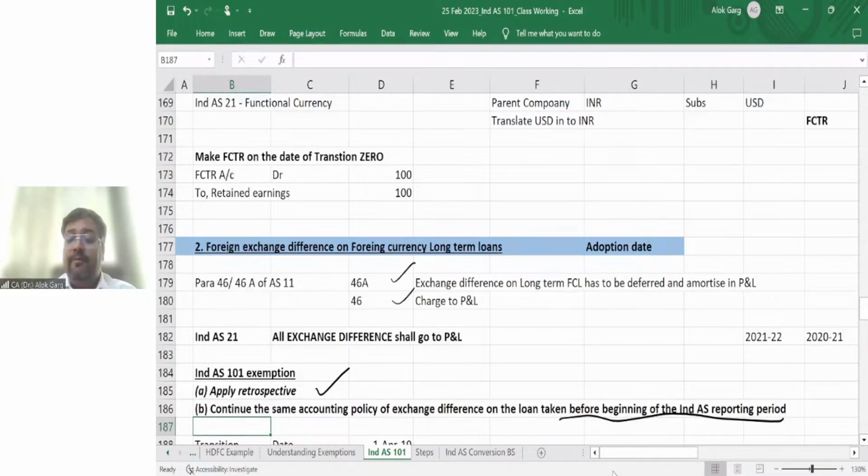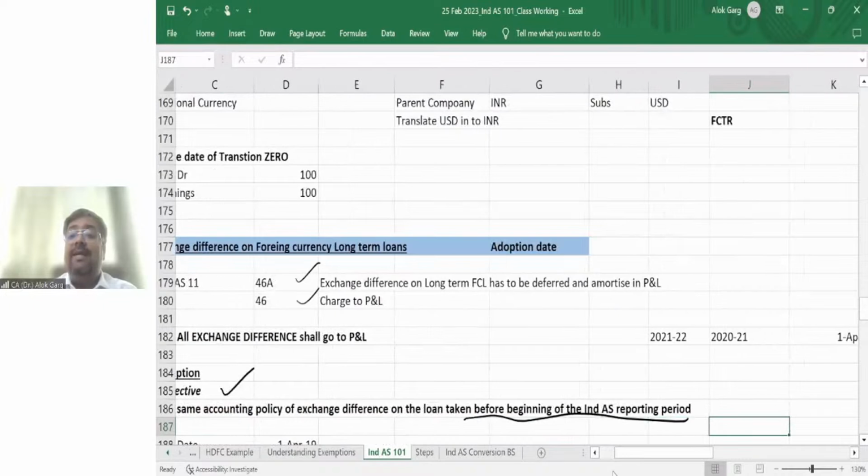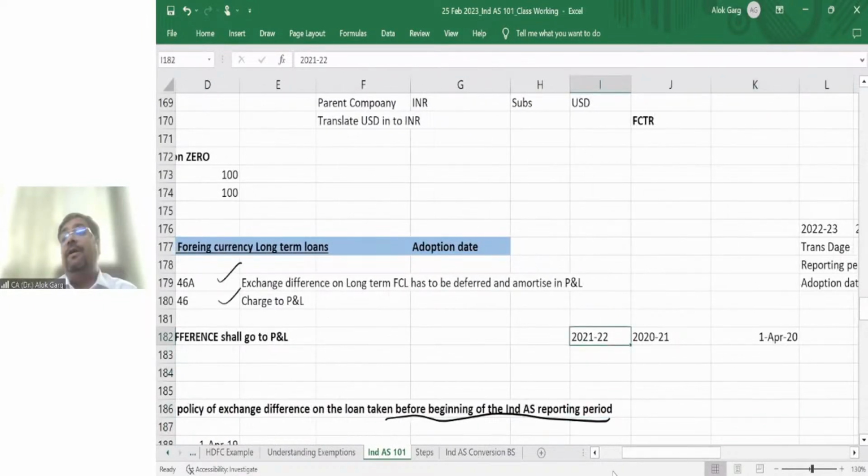For example, if Ind AS is applicable on a company from 21-22, what is the comparative date? 2021. What is the transition date? 1st April 20. This is the transition date. As I told you, all the exemptions and exceptions are applicable from the transition date. But this is applicable from the beginning of the reporting period, the adoption date.